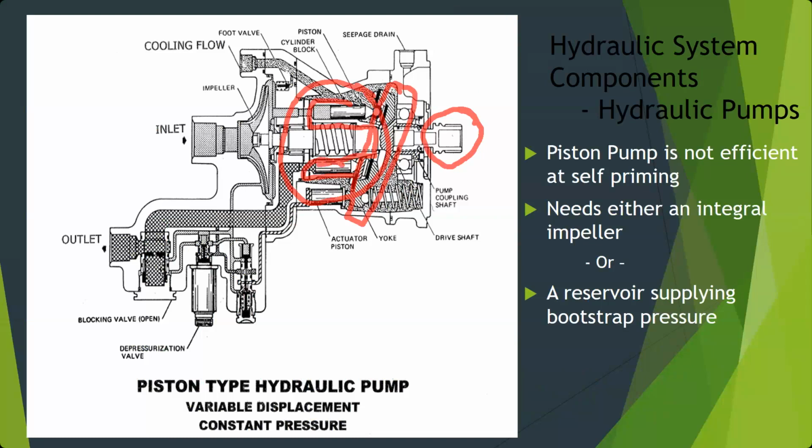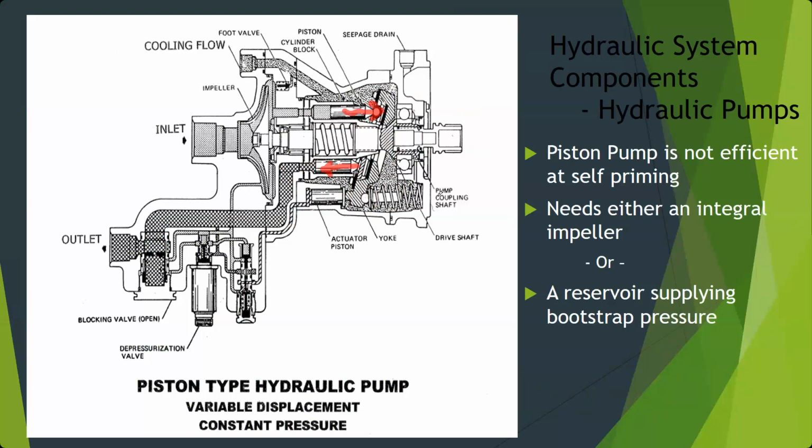And when they rotate around to the top, in this case, they are going to get pulled out. They're going to get pulled back. So here the piston's been pulled back at the top. Here this piston's been pushed in. So fluid will get sucked in at the top, and then as that chamber and piston rotates around, it'll get pushed out at the bottom. And that's where we get our pressure from. That's the main core of the pump.